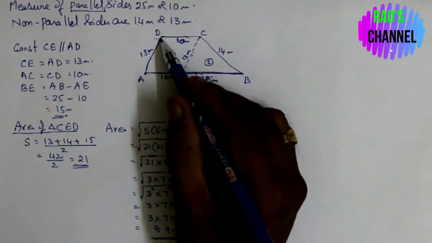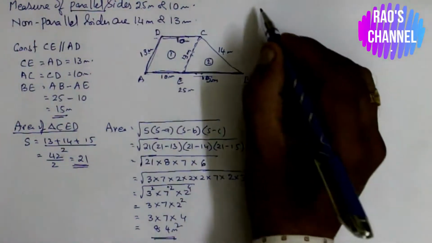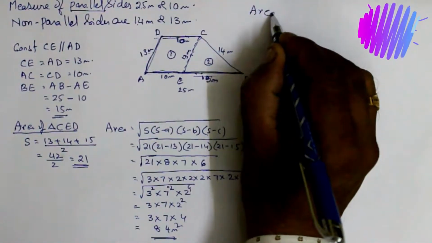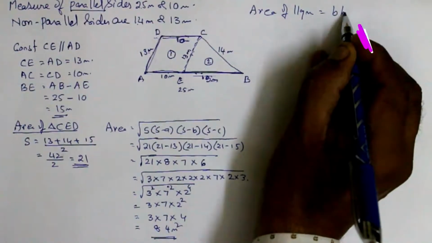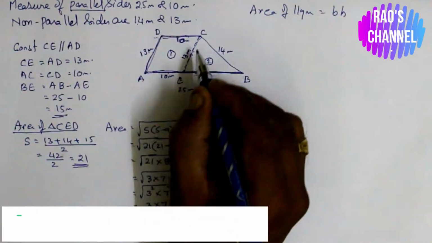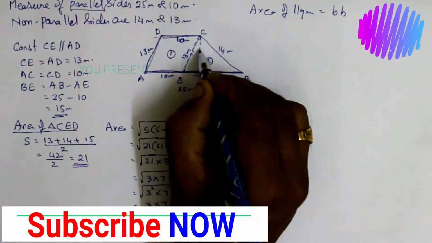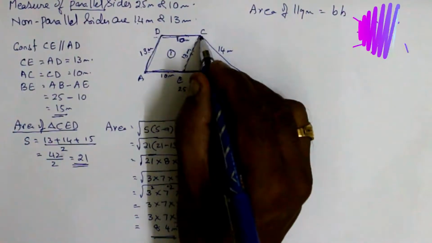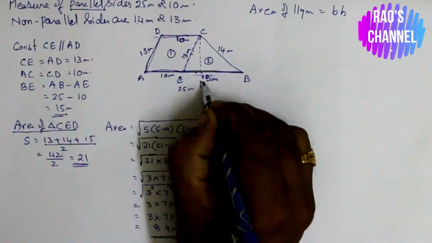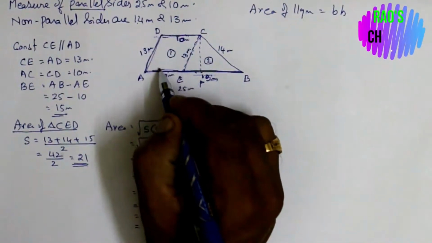But to get the area of the parallelogram, we know the area of the parallelogram is equal to base into altitude. This is the height of the parallelogram, that is CF. So CF is the height of the parallelogram. Of course you can draw CF here also.